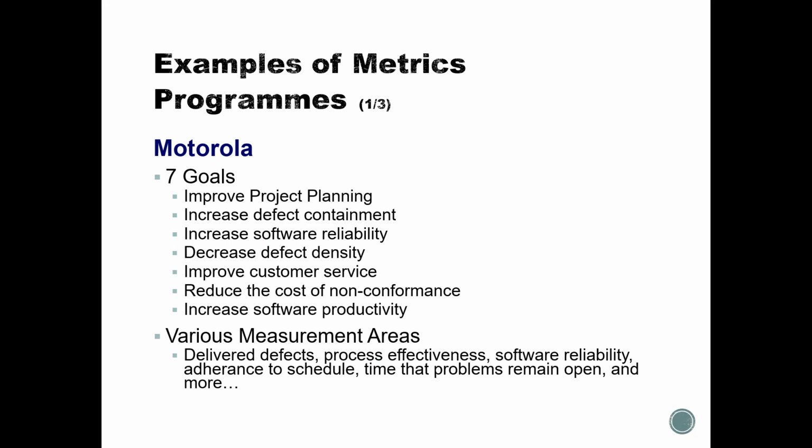So what I can see from this slide is that Motorola is more focused towards the product itself, and they have different measurement areas. For example, delivered defects, process effectiveness, software reliability, adherence to schedule, time that problems remain open, and so on.